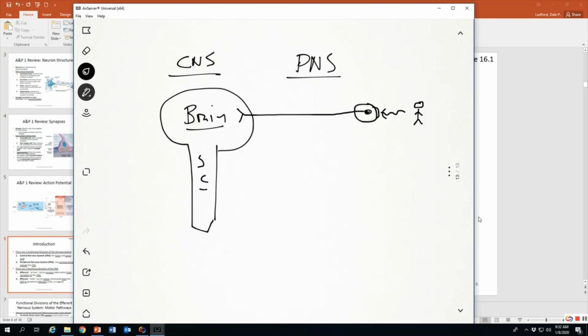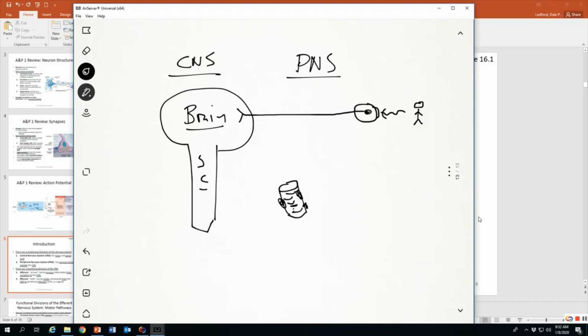Now, what if we wanted to go ask this lovely person out on a date? We might need to walk over to them and ask them if they would go out with us. Well, we would need to get our muscles involved. So right here, I've drawn a skeletal muscle cell. It's going to appear on the screen in just a second. Again, I'm battling very poor quality internet.